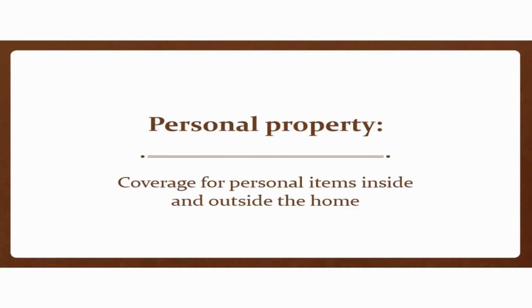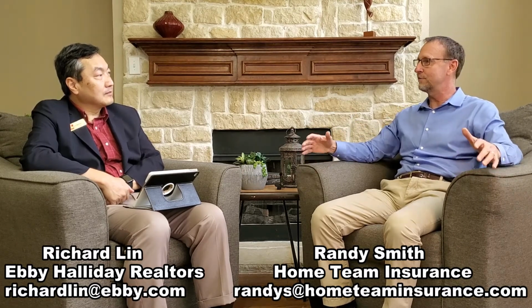Right. Cool. And then how about personal property? So for personal property, there is a difference here. If you are occupying your home, the things inside the home belong to you. We always use the analogy, if you could take your home and turn it upside down and shake it, whatever falls out is your personal property.